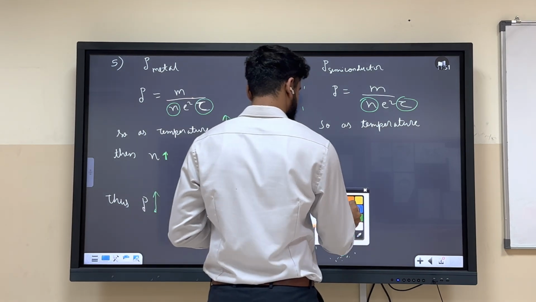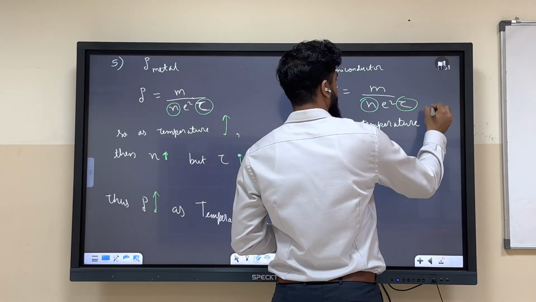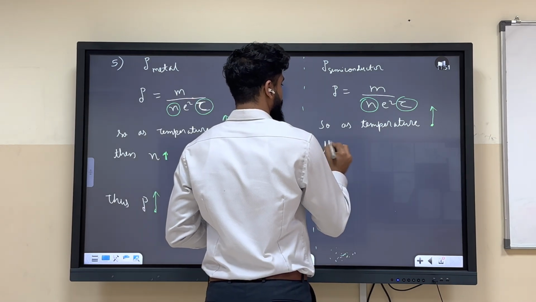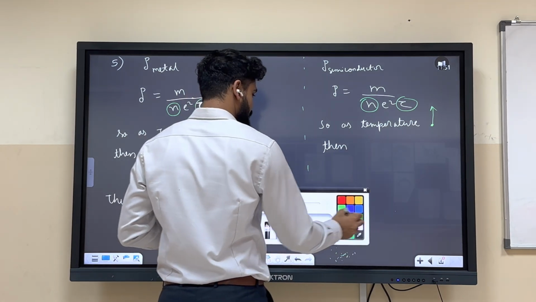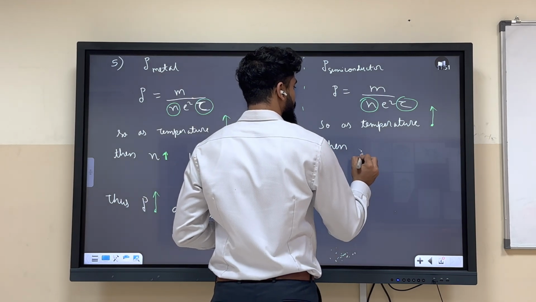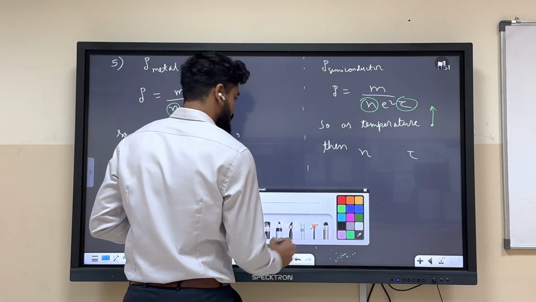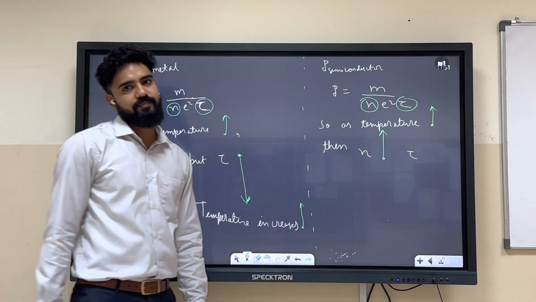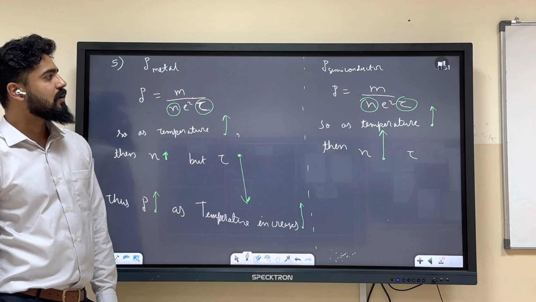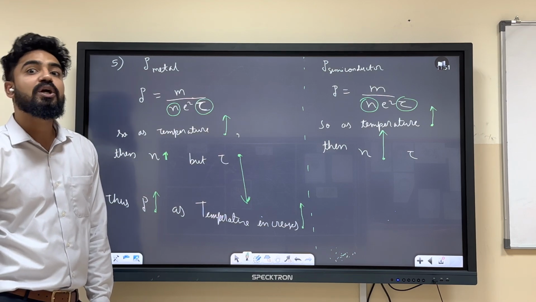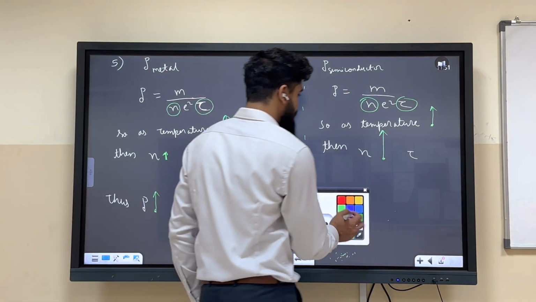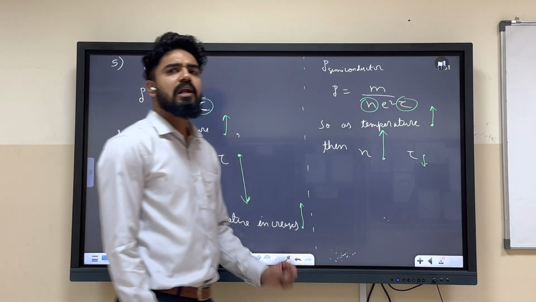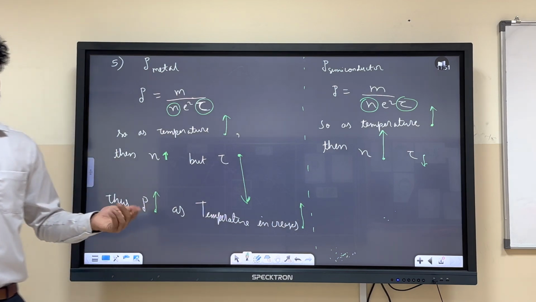temperature increases, then yes, and tau. Let's discuss about it. The charge density will increase a lot, whereas the relaxation time will decrease relatively smaller.